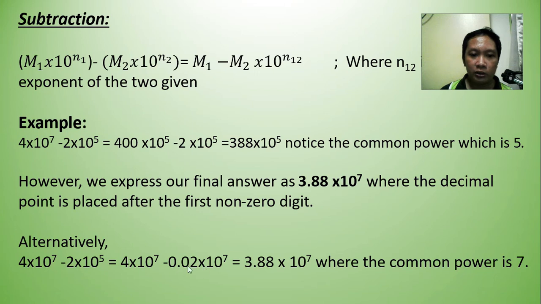Okay, having uniform power, we can now perform subtraction. 4 minus 0.02, we have 3.98 times 10 to the power of 7. They have common power, and this is similar to what we have obtained in performing subtraction, in considering this scientific notation.